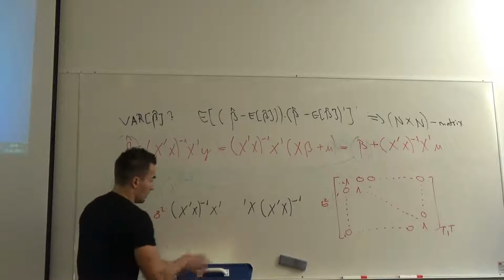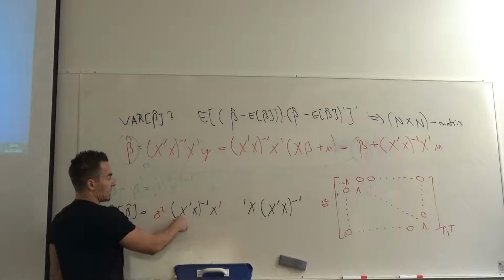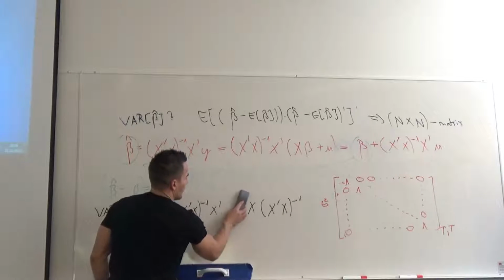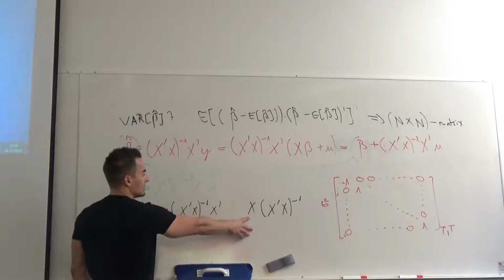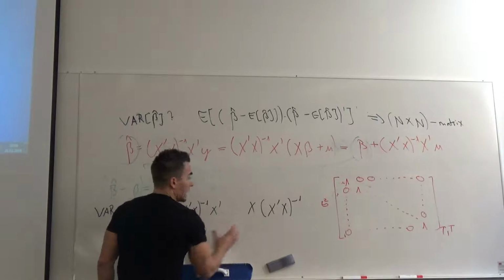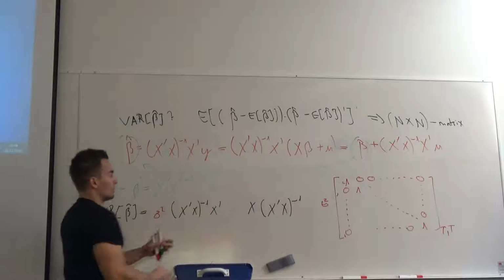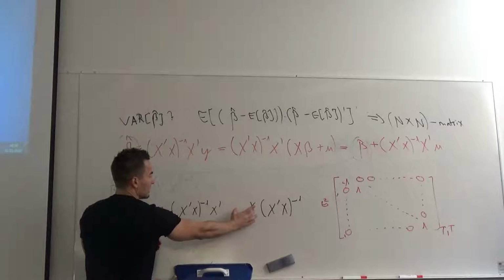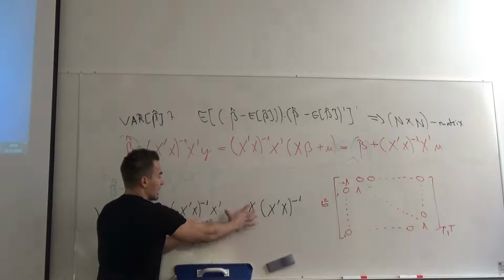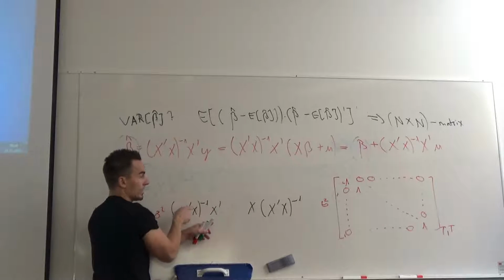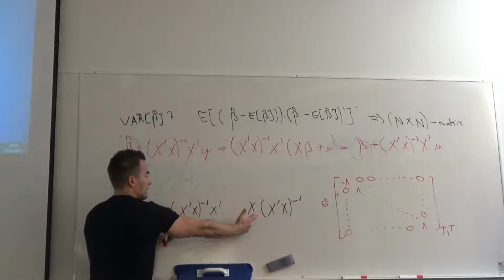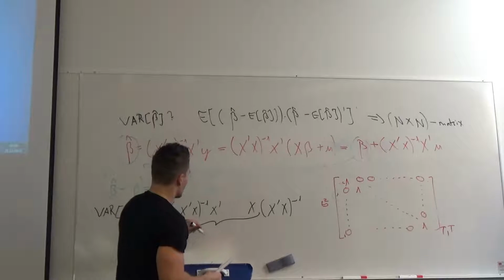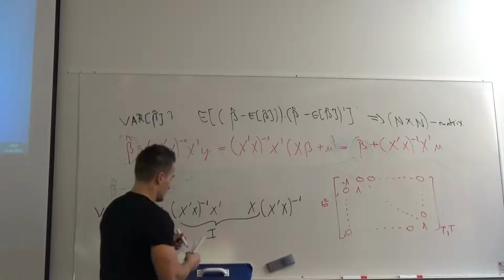So what remains here is X prime X inverted times X prime X, times the same expression again on the right hand side. But X prime X inverted times X prime X is the same matrix product times itself, but on the one hand it's inverted. So what remains here is the identity matrix as well.